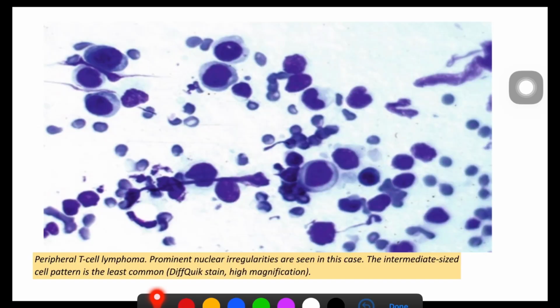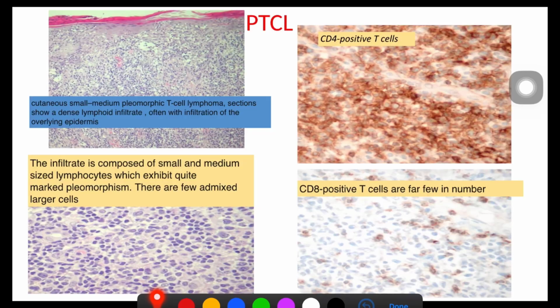So here you can find peripheral T-cell lymphoma cells showing prominent nuclear irregularity, and these cells have clear cytoplasm, right? So this is the feature where you can identify peripheral T-cell lymphoma pattern.